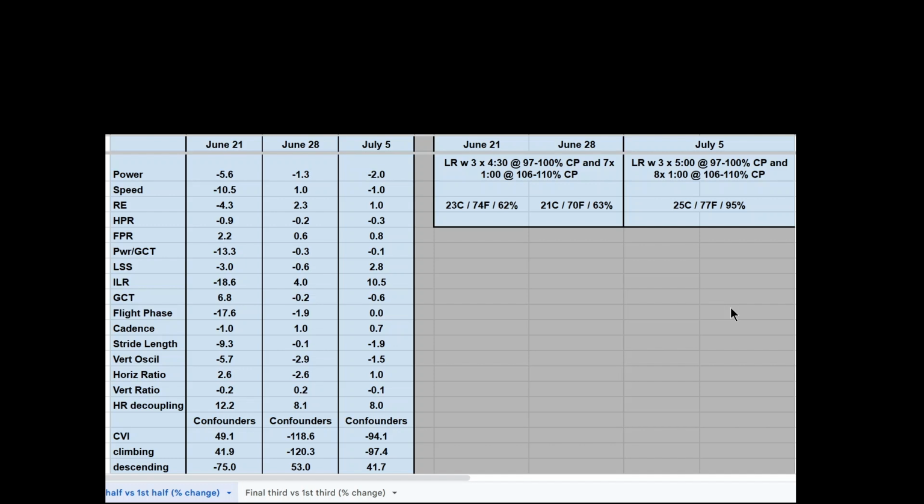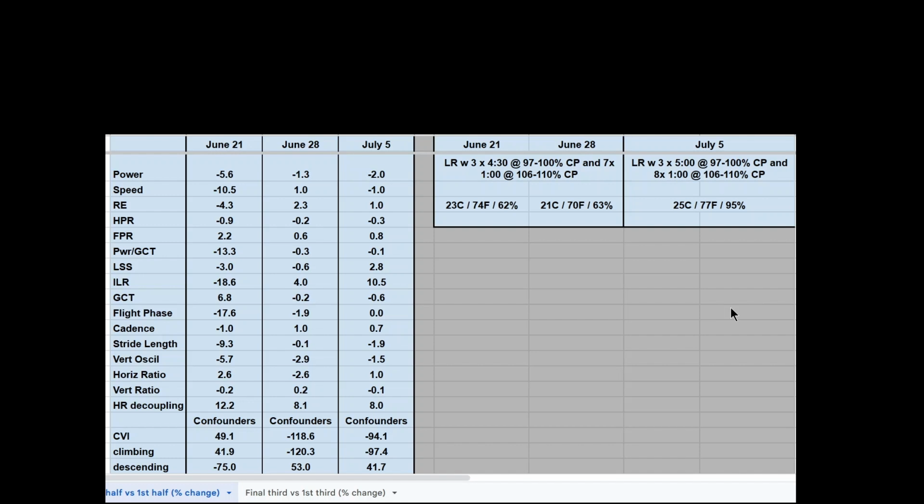So what we have here is the data from three runs, same runner, each of them 1 week apart. They're all long runs: June 21, 28, July 5th.